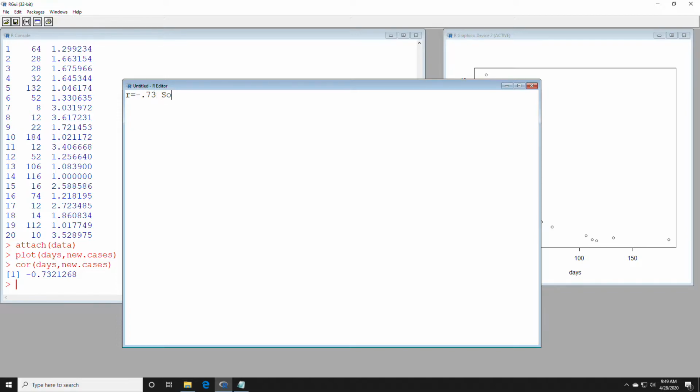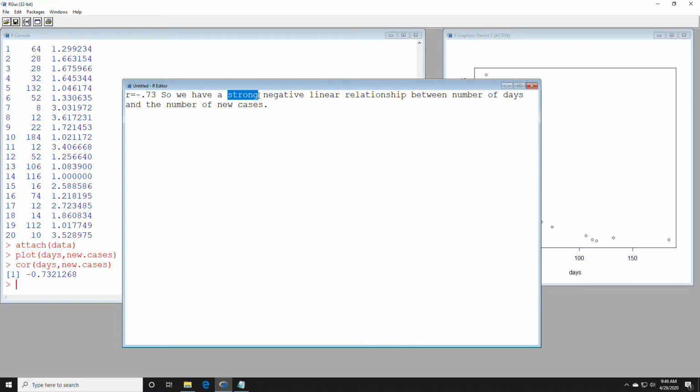So we have a strong negative linear relationship between the number of days and the number of new cases. So as we increase the number of days, we start seeing fewer cases, right? Because it's a negative relationship.